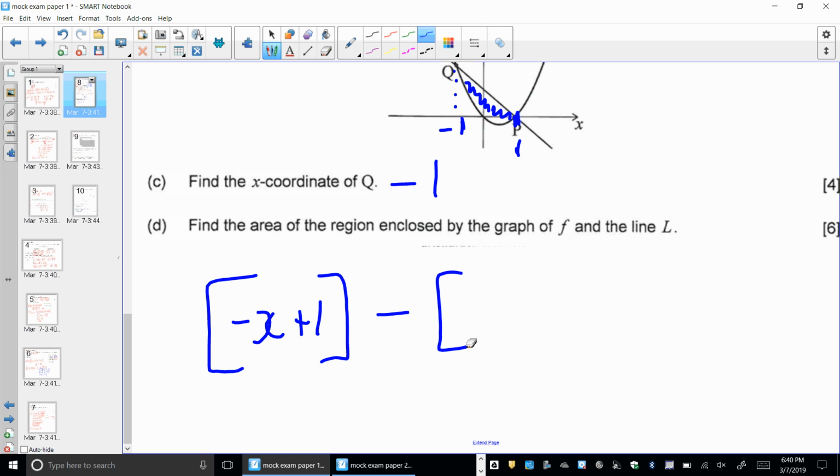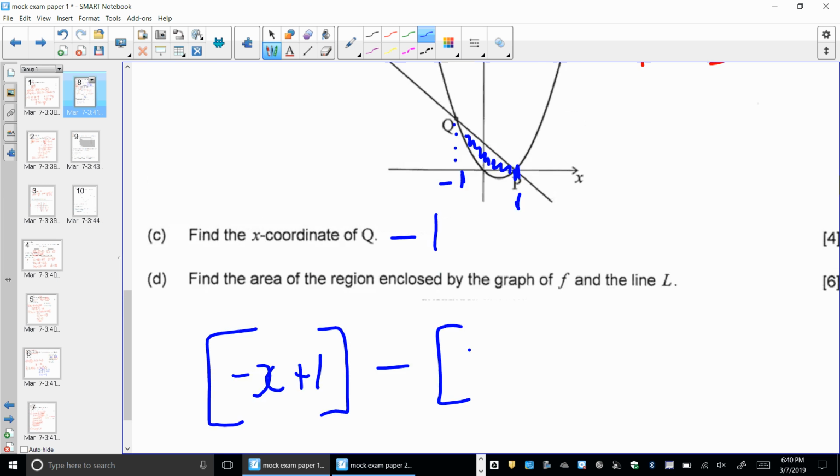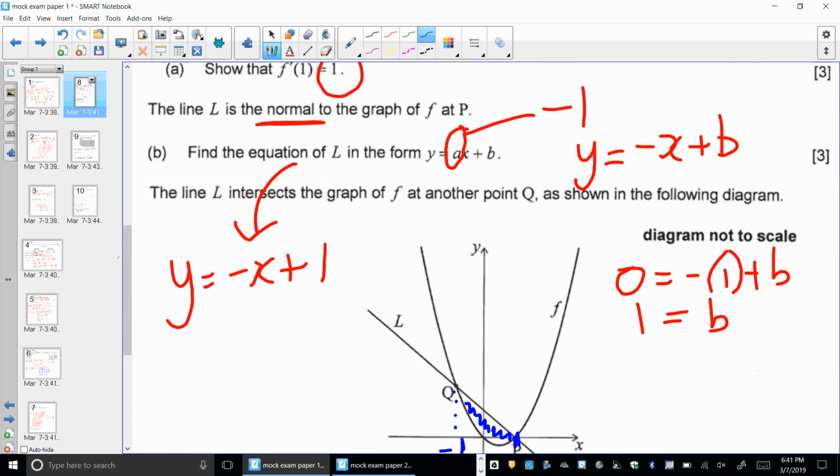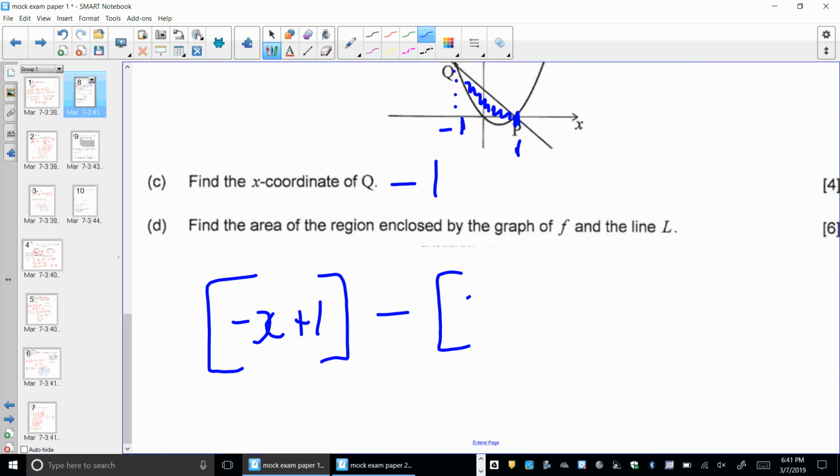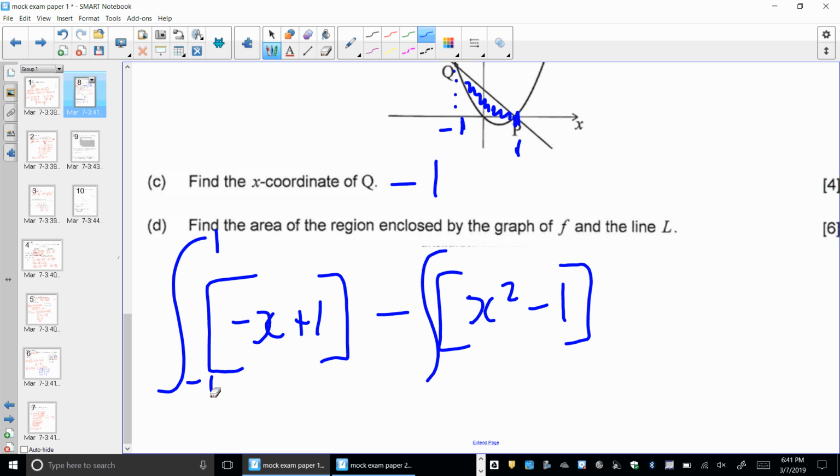Take away the function, x squared minus x. And that's between 1 and -1, both dx.